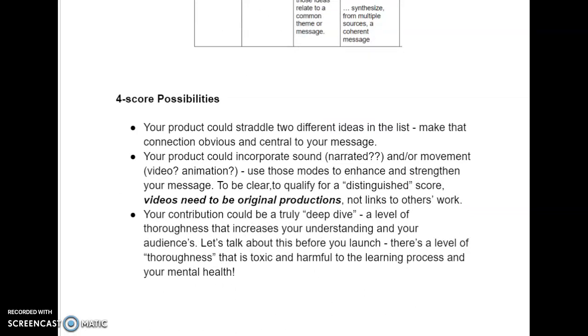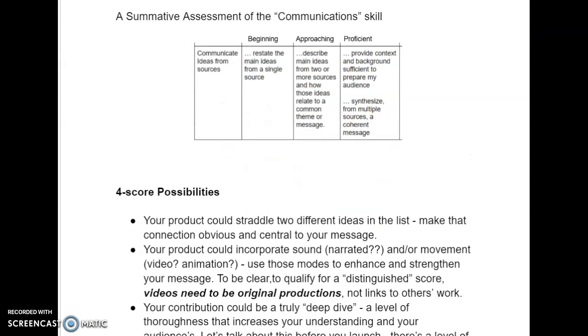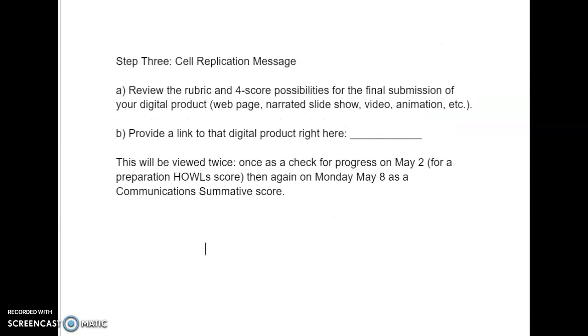And I just want to remind everybody that in addition to the rubric and the 4-score possibilities, my expectation is that you're going to cite your sources in a really simple way, okay? Any images or ideas that you grab from someplace can just simply be followed with a parentheses that says courtesy of NASA, courtesy of the American Museum of Natural History, or whoever it might be, okay?